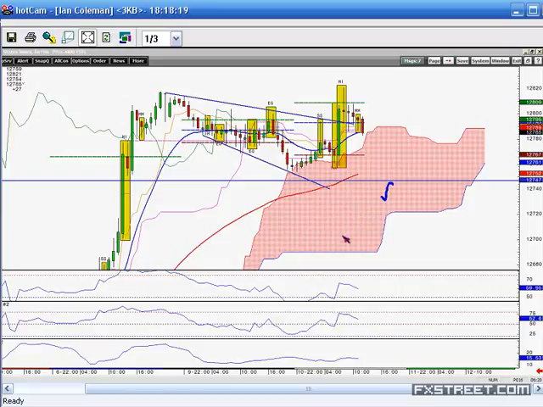Ascending wedge formation is quite easy to dictate where it's going to break, because we know that we're winding up, and the closer we get to the end, we know at some point it should break to the downside. And notice I say should, because all technical analysis is about having a bias. So if we see a wedge formation, we've got a bias to break to the downside, about 65, 70%.